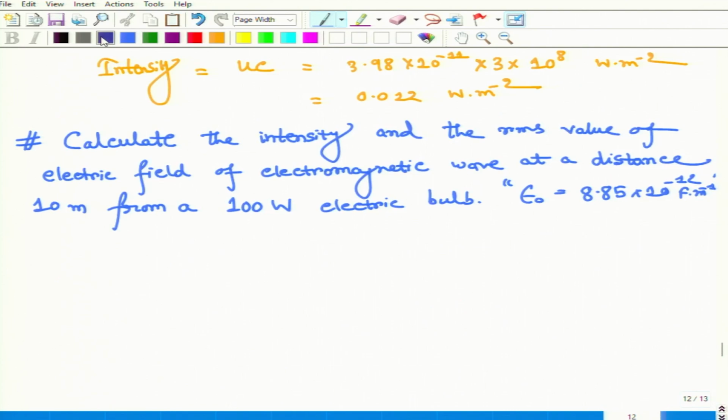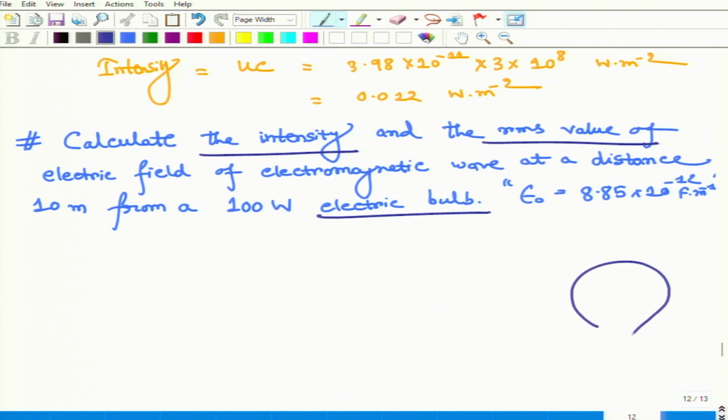We have to solve it. First we have to evaluate the area. They ask the intensity and the RMS value of the electric field, but there is an electric bulb. This is the electric bulb, let's say.